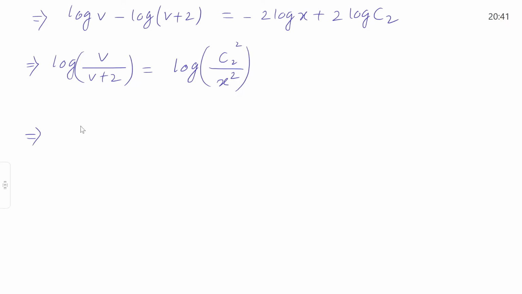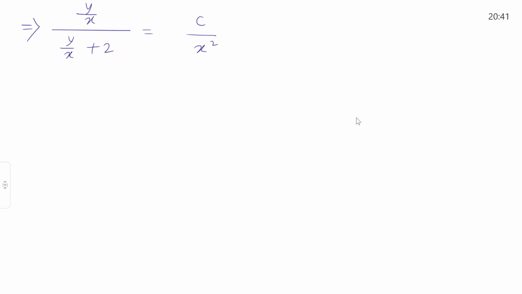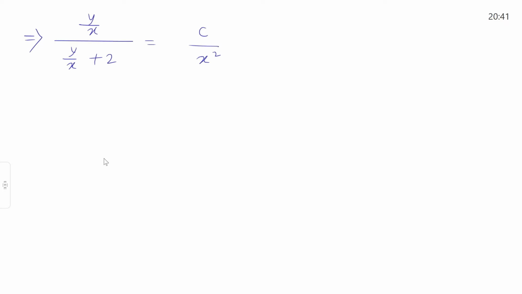This implies simply v by v plus 2 is equal to c2 square into c, write c, divided by x square. Simplify: in place of v write y by x, so y by x divided by y by x plus 2 is equal to c by x square. Proceed further: taking LCM, the numerator is simply y divided by y plus twice x.